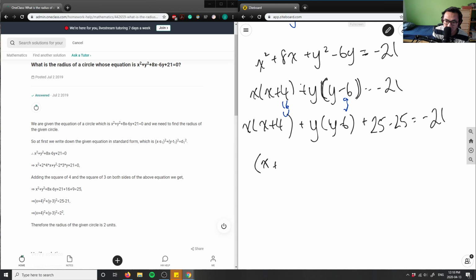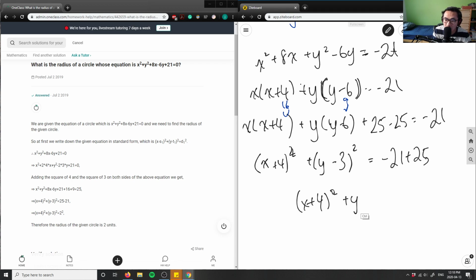So you get x plus 4 squared plus y minus 3 squared, because I'm dividing 6 by 2 to get negative 3, equals, and I get minus 21 plus 25, right? Which means this here equals 4. So I have x plus 4 squared plus y minus 3 squared equals 4, right?